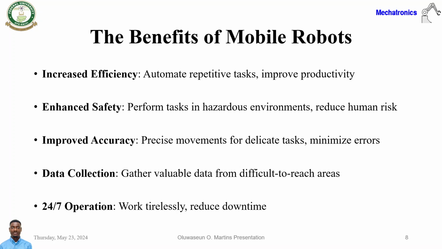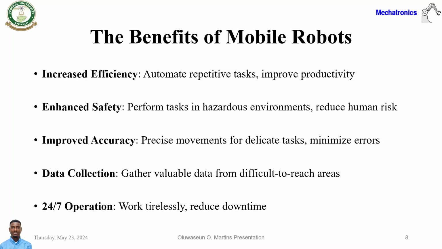So the first thing is that they increase efficiency and also they enhance safety. Performing tasks in hazardous environments is risky for human beings, and with the advent of mobile robots, they can do such operations, which would minimize the risk to humans in going to such environments. So they enhance safety.